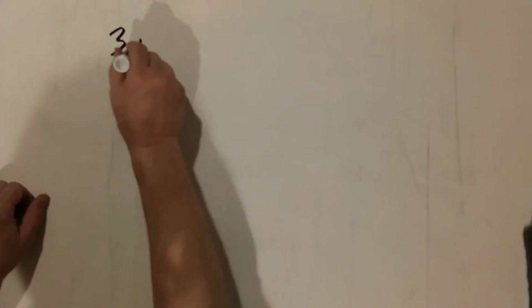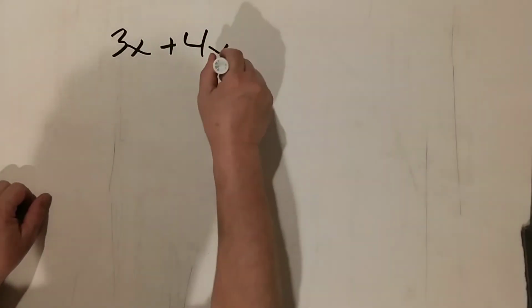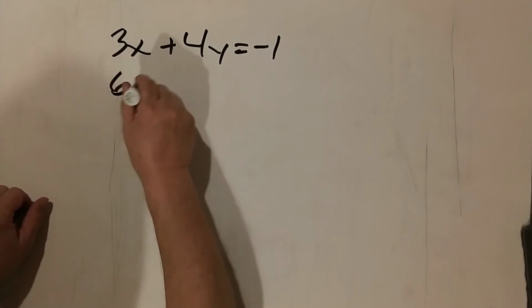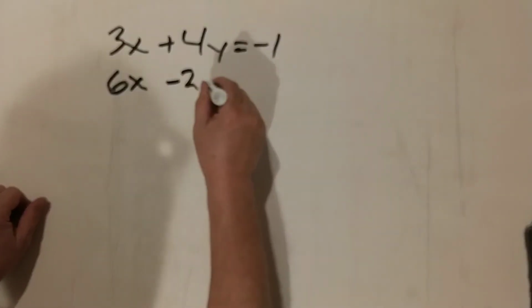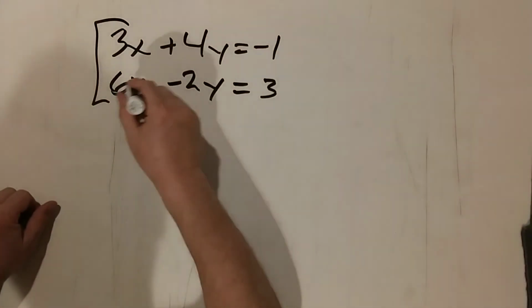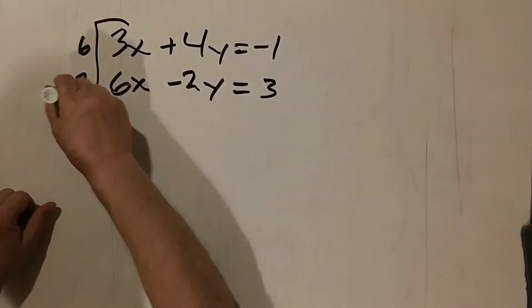Let's look at another one. 3x plus 4y equals negative 1. 6x minus 2y equals 3. Okay, I'm going to multiply by 6 and 3. That one's going to be negative.